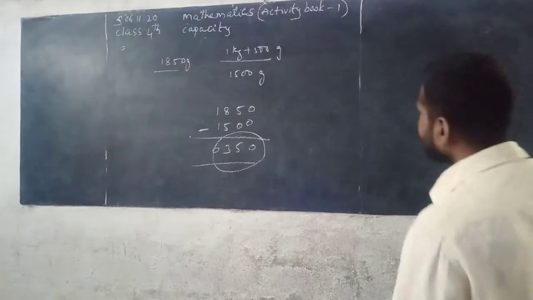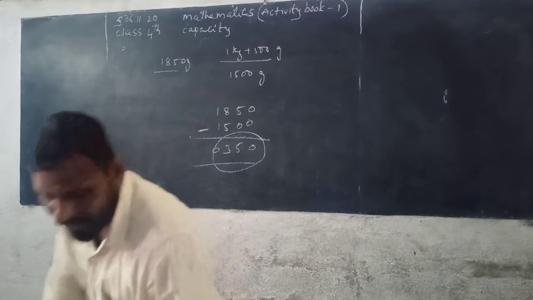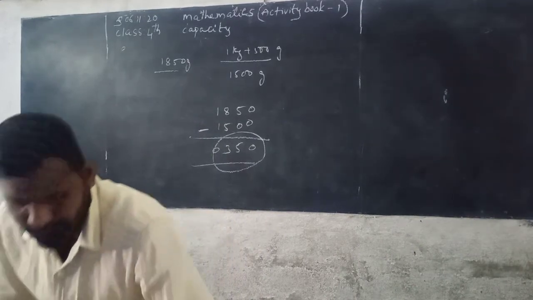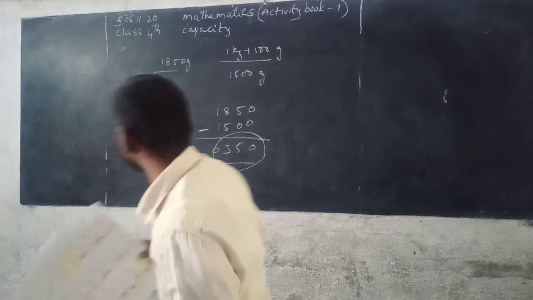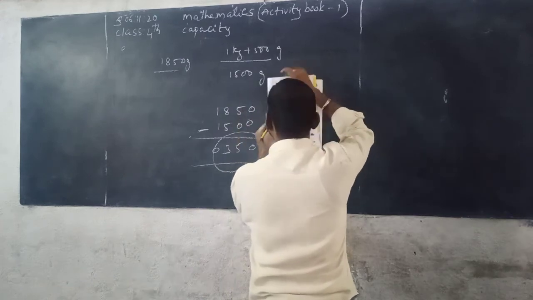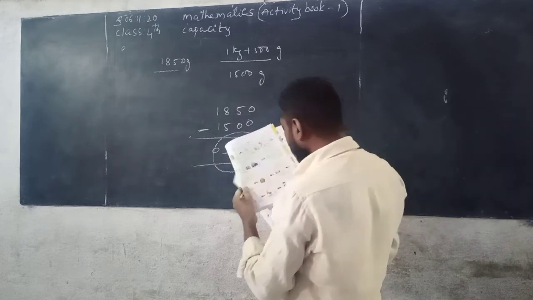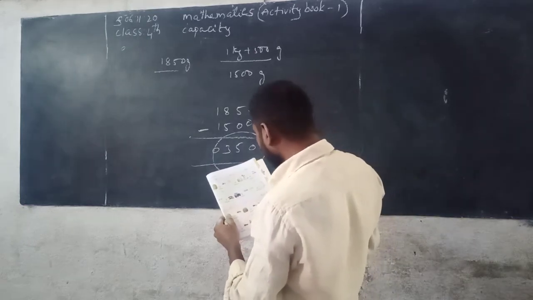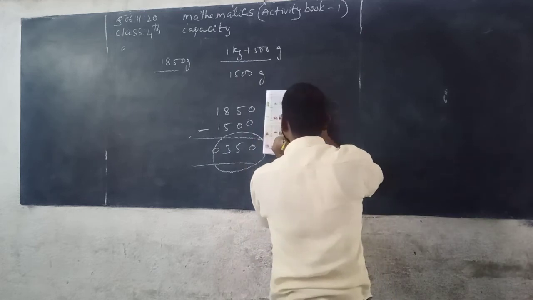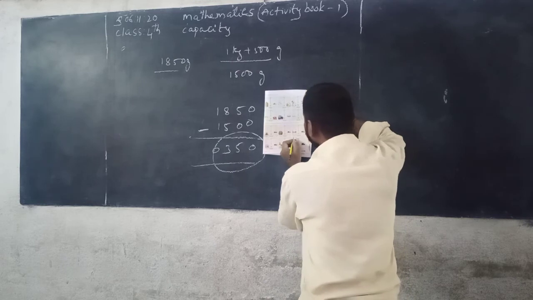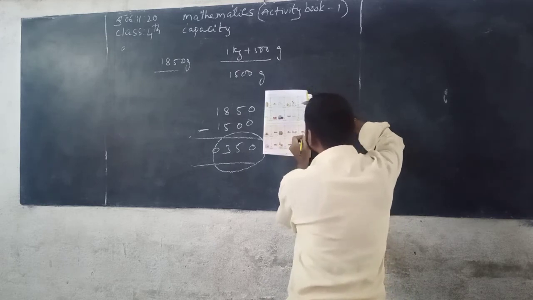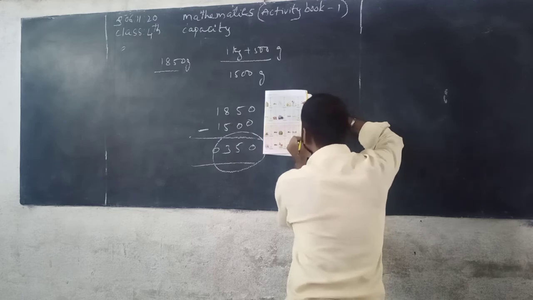So you can write here 350 grams. Next, 5 kg: here you can give only the weighing object 1 kg, so 4 kg more. Next here sugar 15 kg, then here 5 kg, means 15 minus 5 you get 10 kg needed.